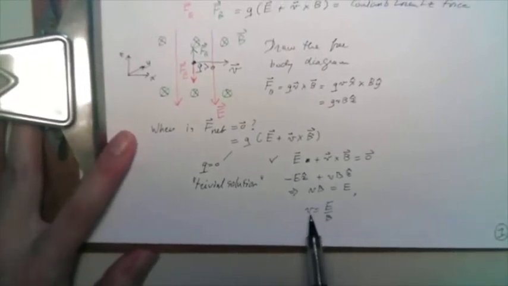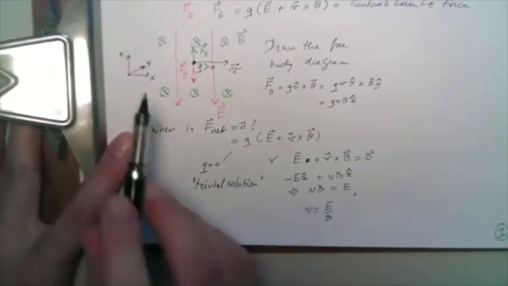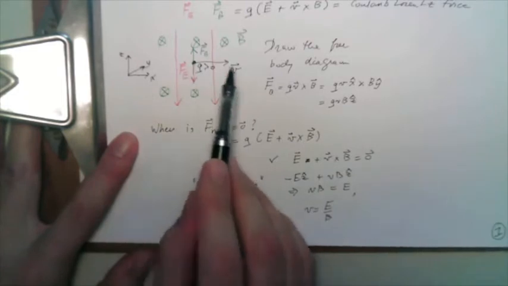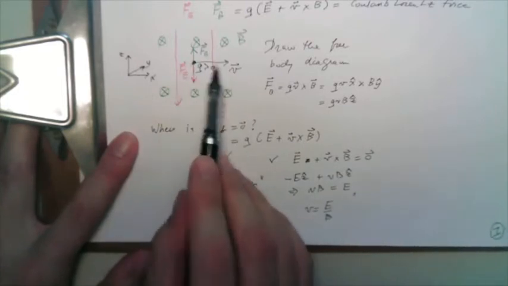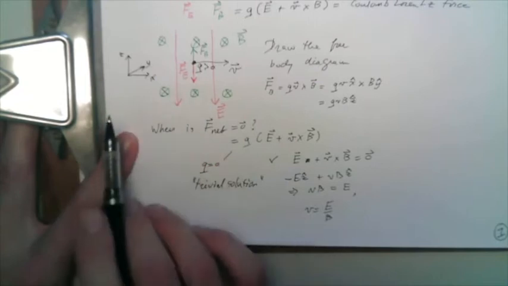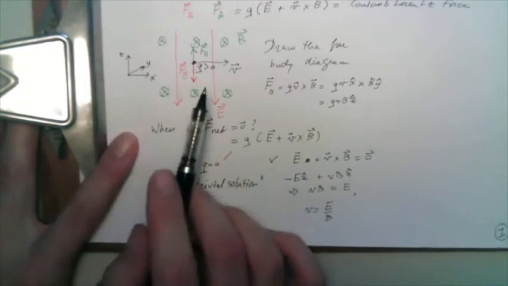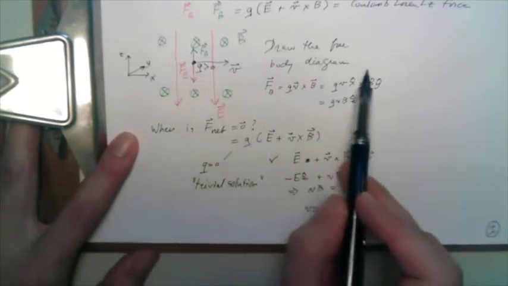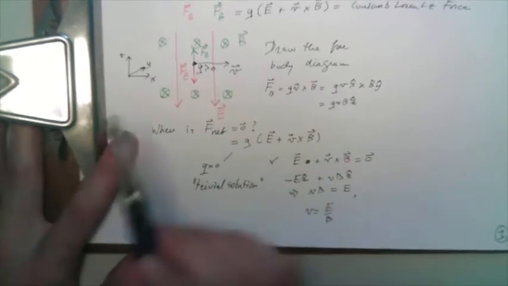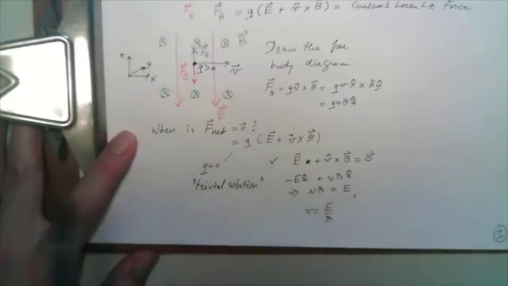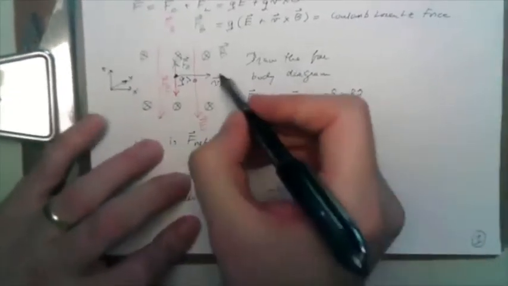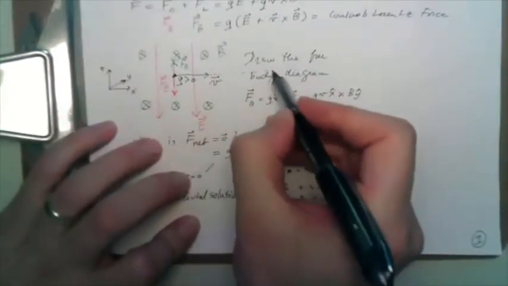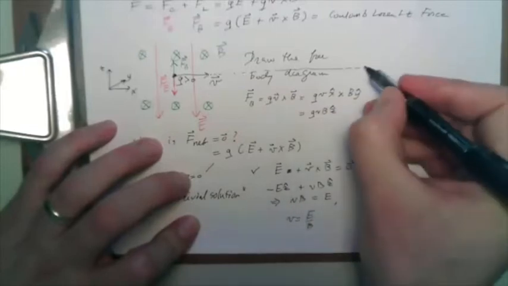So there's one particular speed for which, if you have a charged particle and it's moving through a crossed E and B field configuration, the net force is 0, such that the particle goes straight ahead. Now, so it goes this way.